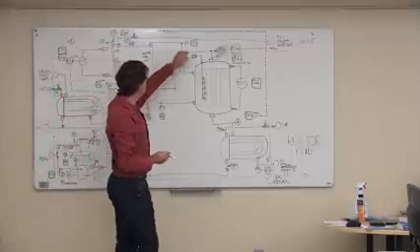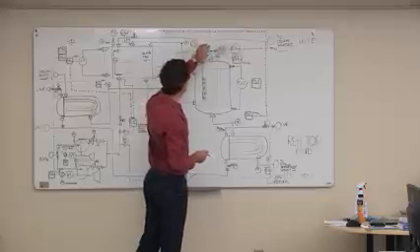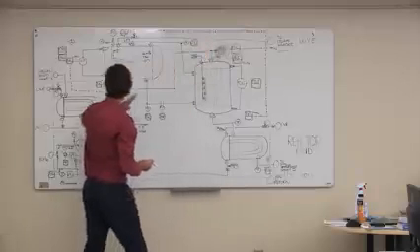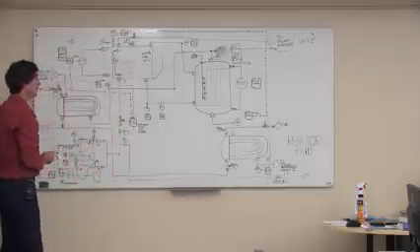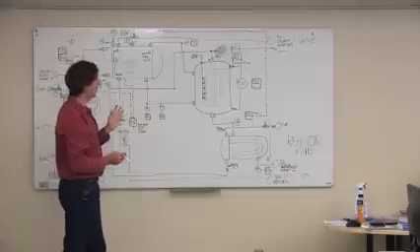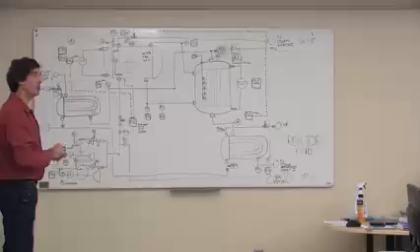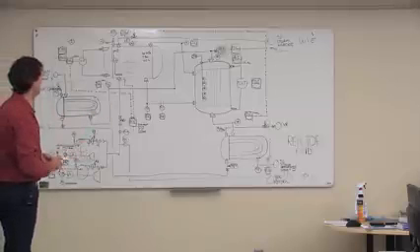We could actually isolate the reactor, stop the syngas going into the reactor by putting a block valve in here, or we could stop the compression system that's putting the syngas in. Another way we could do it is we could just open the vent valve on the purge valve and just dump the contents of the reactor out to flare.